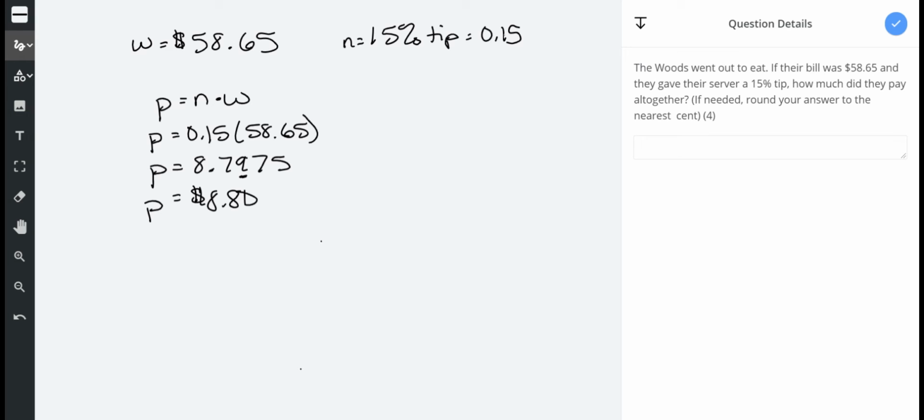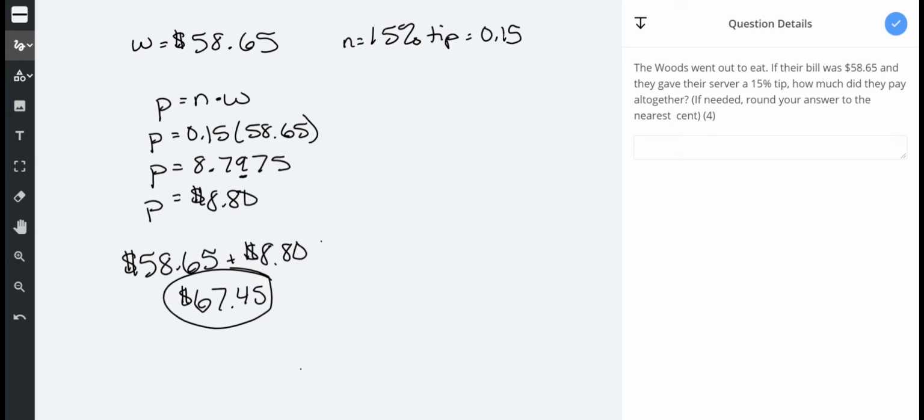Well, $8.80 was just the tip, so we want to take our bill amount of $58.65 and add the additional $8.80. So 58.65 plus 8.80 gives us the total of $67.45. So that's how much the Woods are going to spend on their meal.